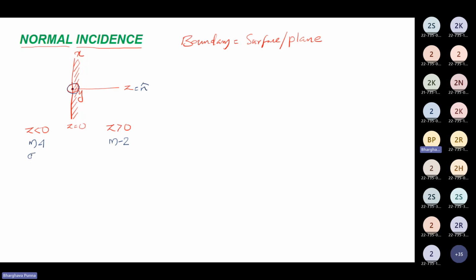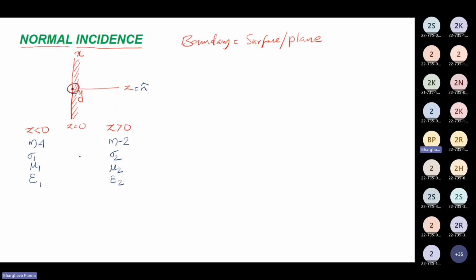Conductivity, then permeability, then permittivity. Because it is medium 1, I'm representing it with sigma 1, mu 1, and epsilon 1. Similarly, in medium 2, the conductivity is sigma 2, the permeability is mu 2, and the permittivity is epsilon 2. In this manner, we have taken the two media characteristics.